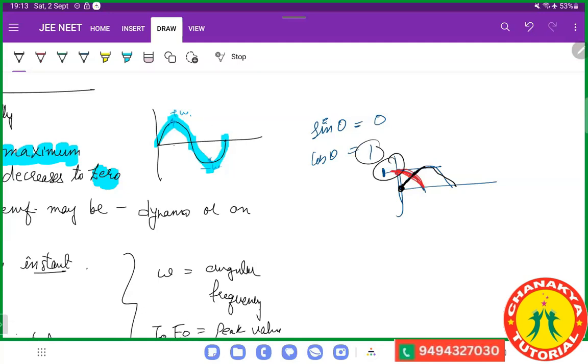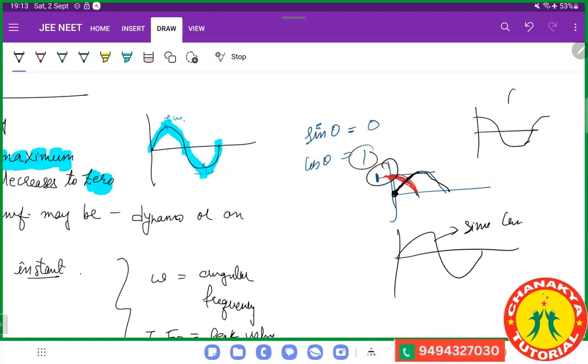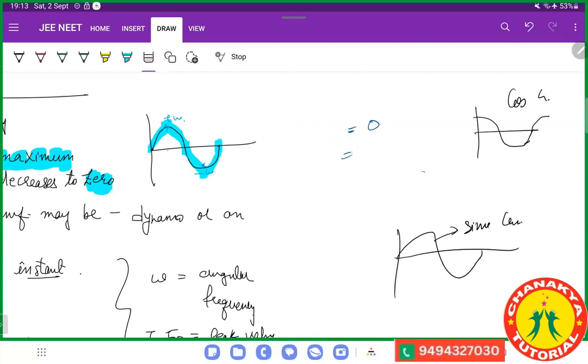Whatever we are drawing generally is called the sine curve, and this is called the cos curve. These two things you need to remember. We will use them so many times.